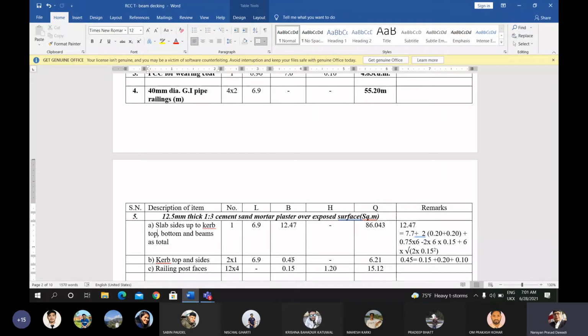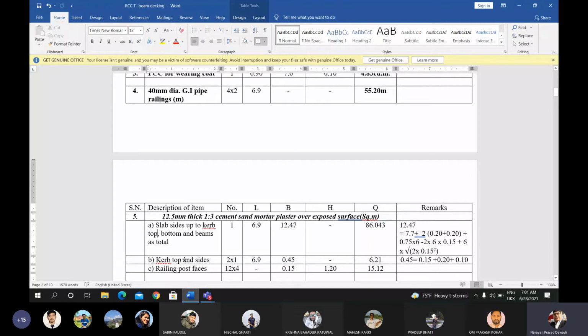In total, 0.10 plus 0.35 gives 0.45. The 0.45 is calculated as 0.15 for the pillar portion, 0.20 for the portion beyond the pillar, and 0.10 for the vertical portion of the core that is exposed to the surface and has to be plastered.